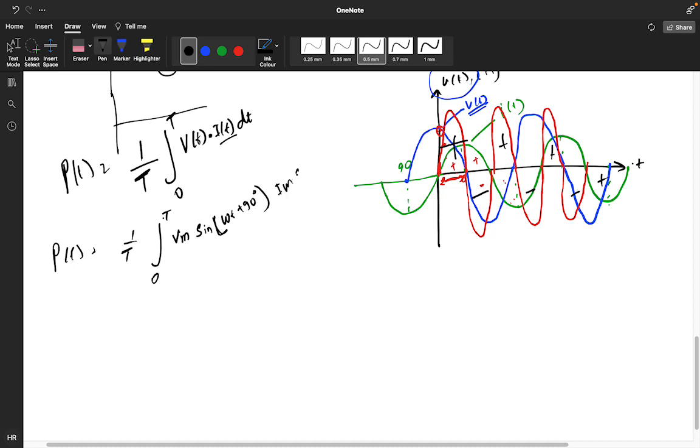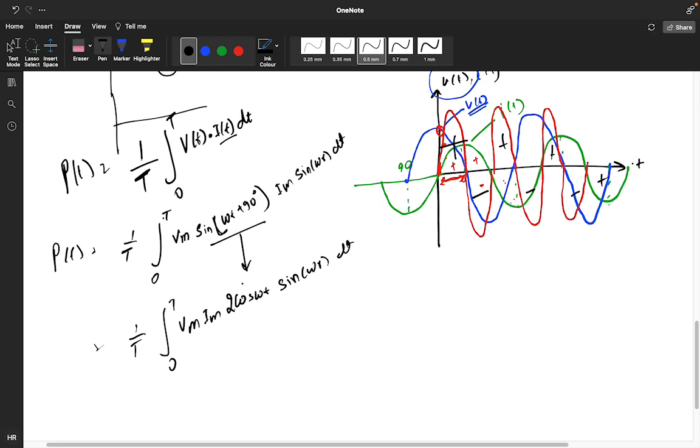I of t is Im sine omega t. So for this conversion, we can write integral 0 to T of Vm Im sine omega t plus 90 degree, I am writing cos omega t, because the value is the same only, and sine omega t into dt.